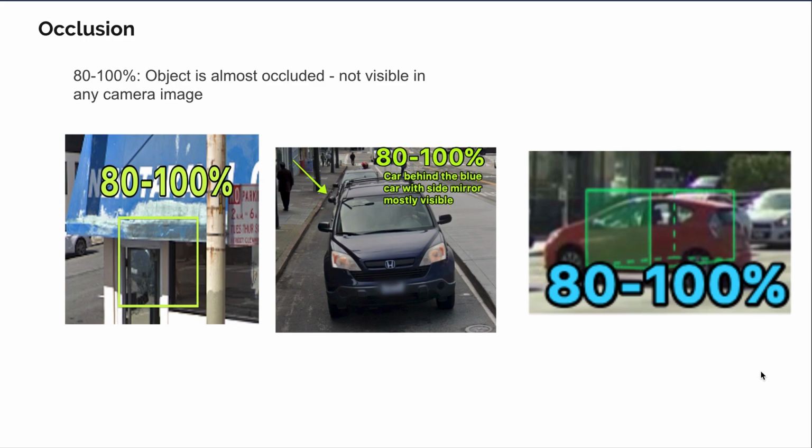It's very difficult. Same thing on the right image. We can barely see a car that the red car is blocking off because the red car is turning in the intersection. So that is another great example of 80 to 100%.